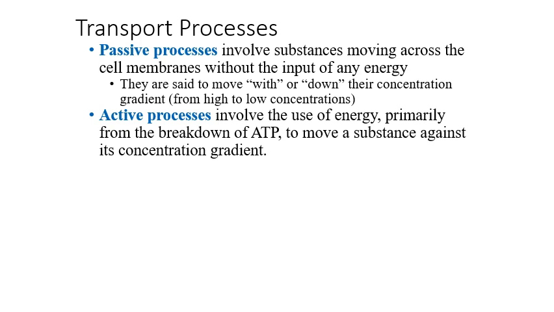So they can just slide down their concentration gradient without the input of energy. And active processes are going to require ATP. So sometimes that means moving from low to high concentration, and sometimes that means that we just have to change the shape of the membrane in order to get stuff in and out.